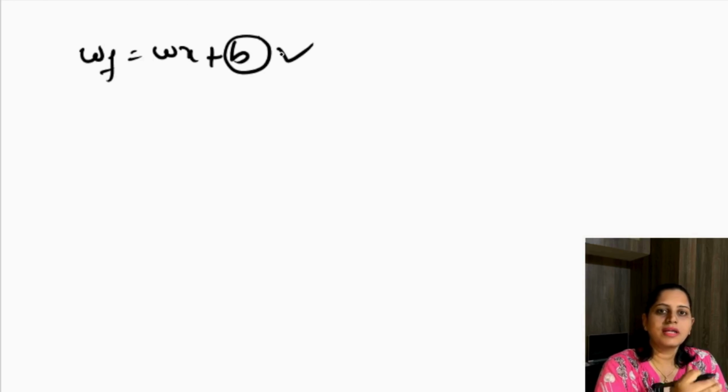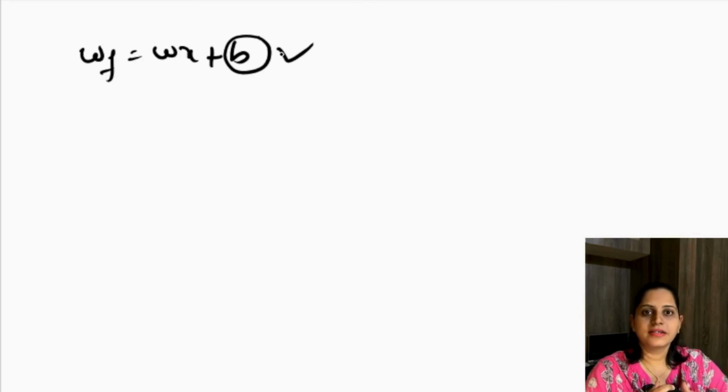Without that, our line will always try to reach towards the origin. However, in case of bias or intercept, it clearly shifts from the origin, and that's where we are shifting from linearity, correct?